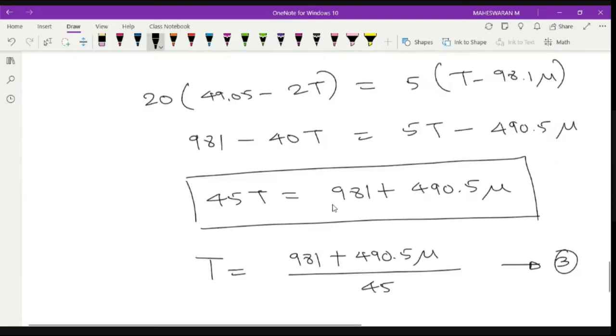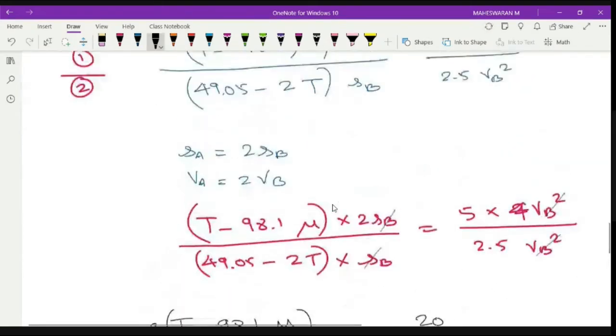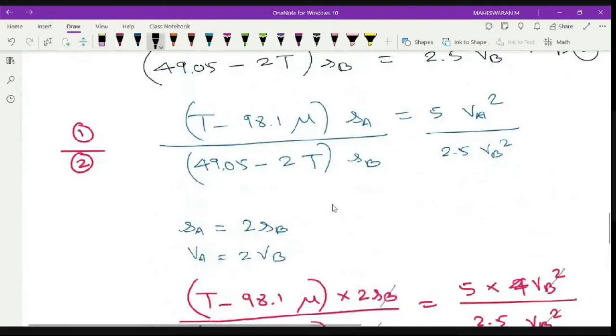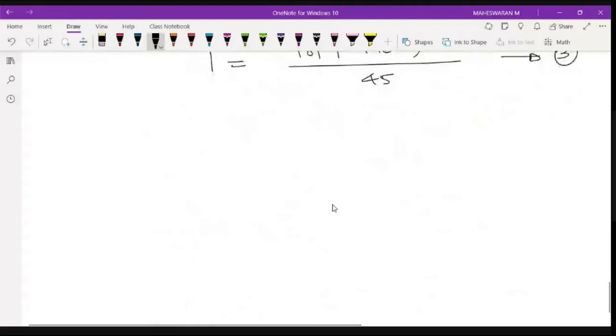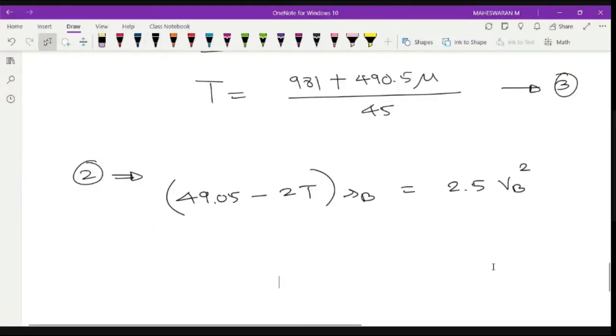Substitute in any one of the equations, either equation 1 or equation 2. Let me substitute in equation 2. Here, I'll get some terms in terms of SB and VB.